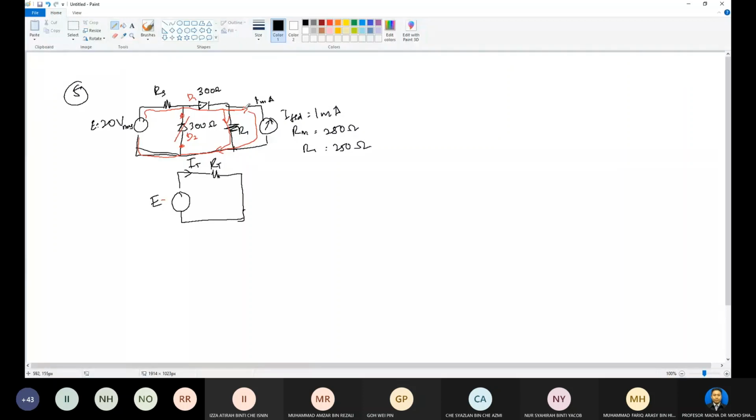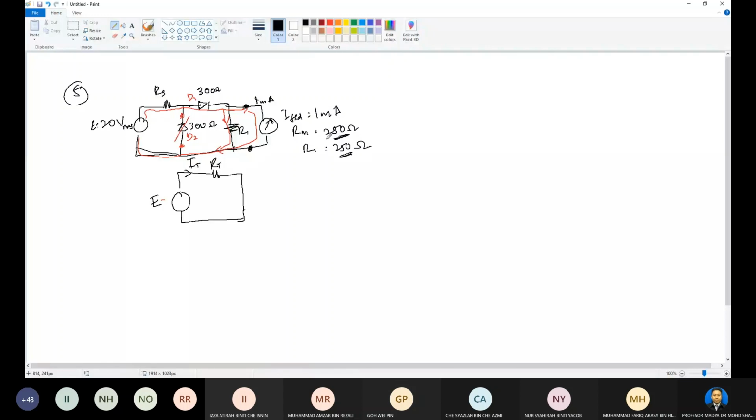If the voltage in parallel is the same, the resistors here are the same: RM is given as 250, and R1 is also 250. That means the voltage will be the same, and the current will be the same.